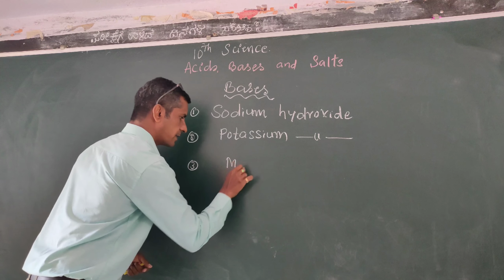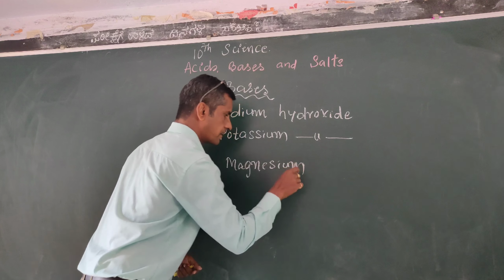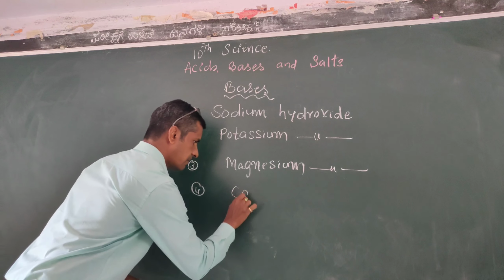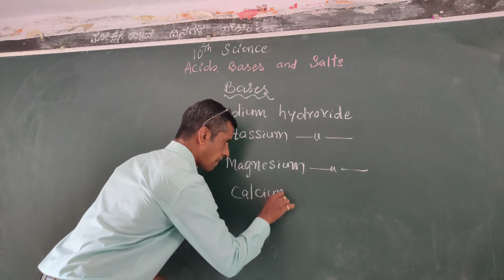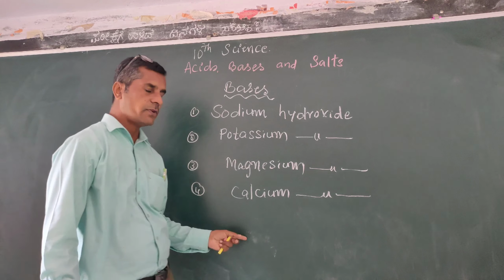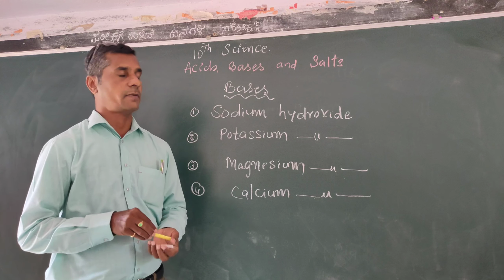Next is magnesium hydroxide. Later, calcium hydroxide. The same way, ammonium hydroxide. So these are all some important bases that you have studied in your class 7.